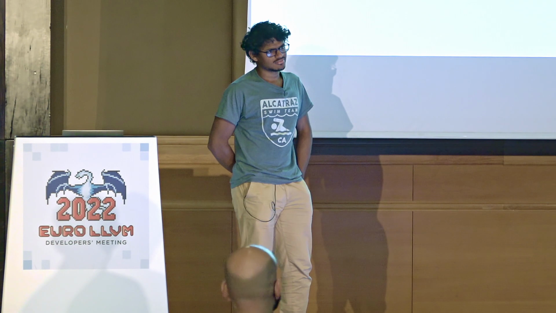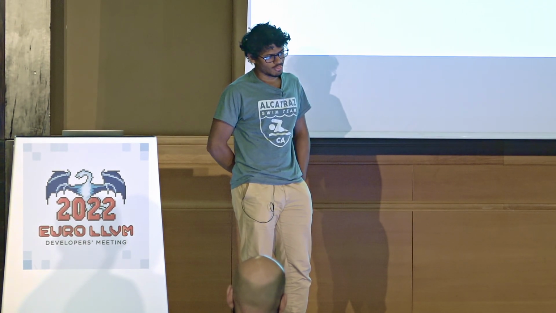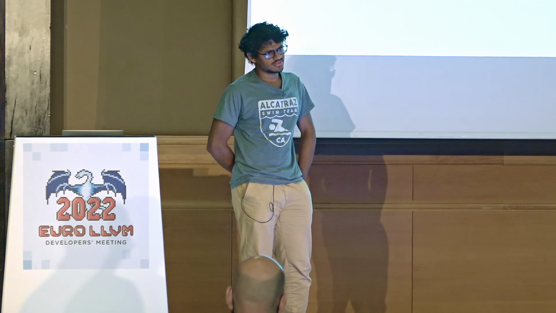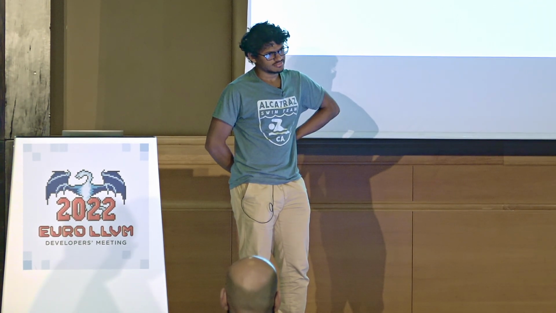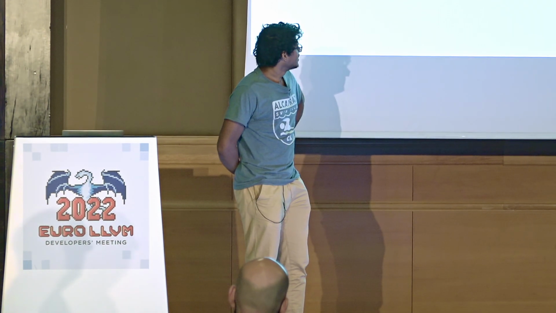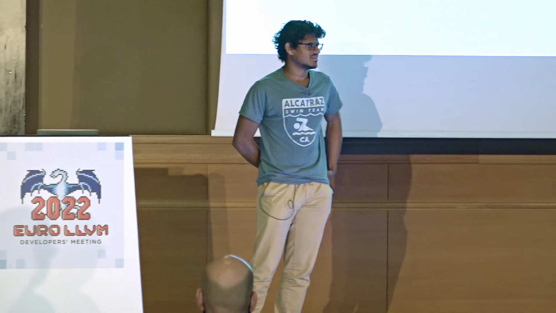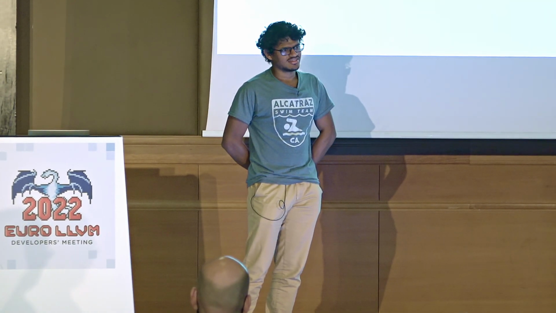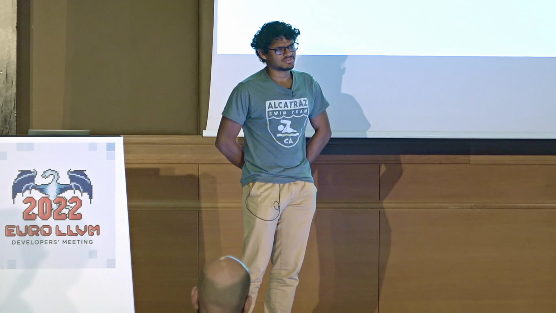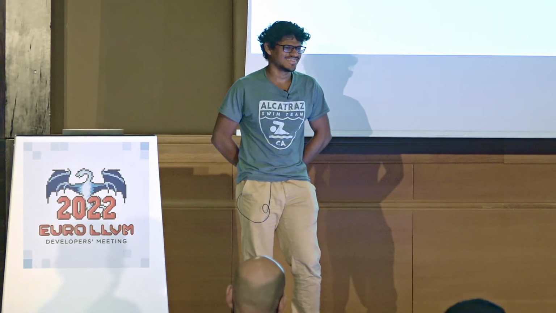But what was the effect on compile time from changing from these, I assume, simpler implementations to now a full math-based implementation? Yeah. In MLIR, we took a look at this, and it turns out that the rest of MLIR is much slower, such that this is not a bottleneck.